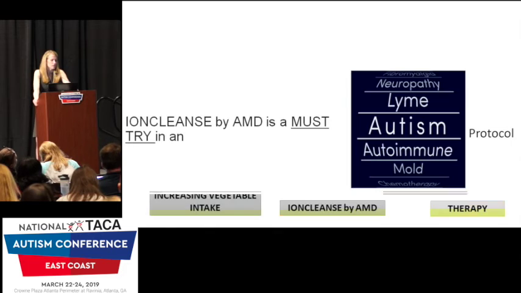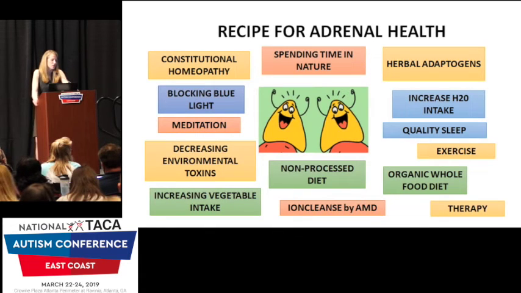And so this is my recipe for good adrenal health. Spending time in nature, I would really put that up there. Herbal adaptogens, so those were the ashwagandha and the rhodiola and the gotu kola that I went over. Constitutional homeopathy, if you haven't tried this with your child, it's one that you should consider.